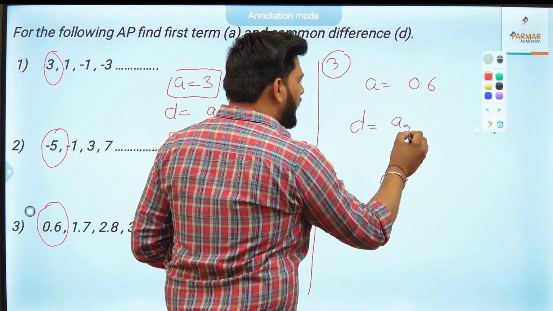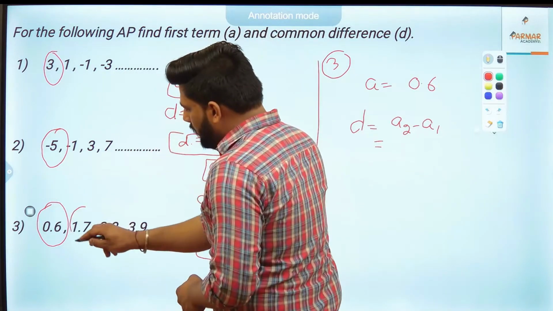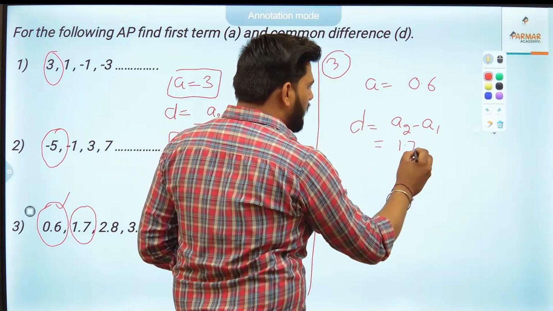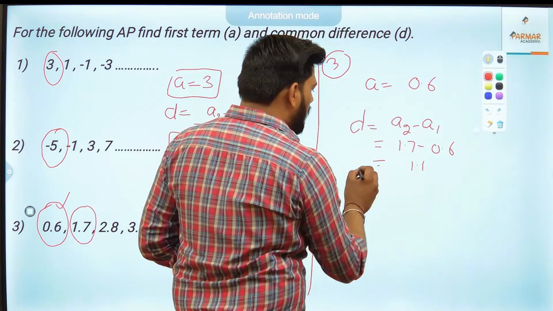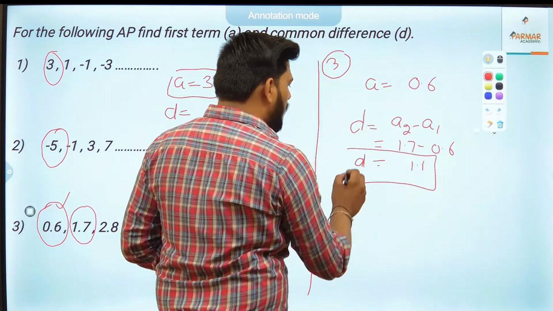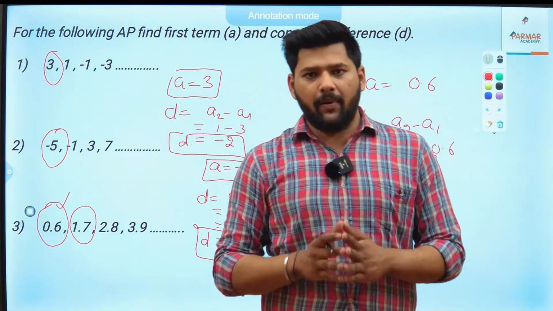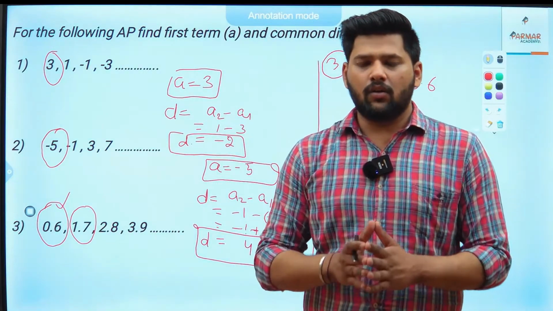That is again second term minus first term. Here the second term is 1.7 and the first term is 0.6. So that is 1.7 minus 0.6, which is equal to 1.1. So the common difference is 1.1 here. This is very simple. Whenever an AP sequence is given to you, we can easily find the first term and the common difference.